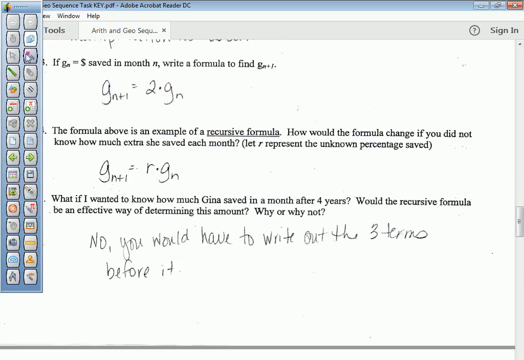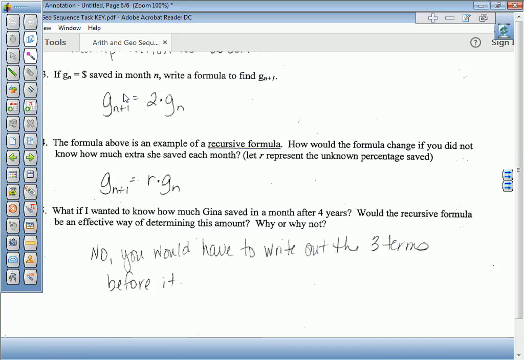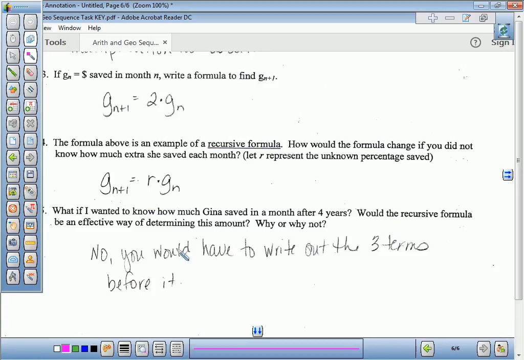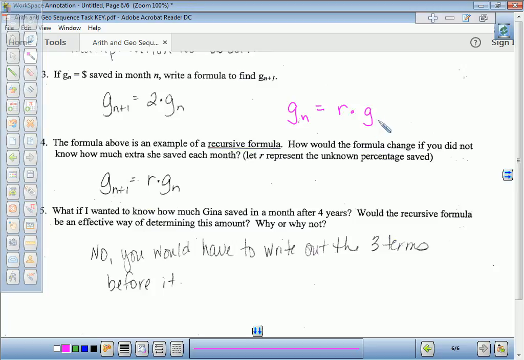So, what did we do to find the next term? We doubled the one before it. So this is how it looked when we studied the recursive formula. This time we have a common ratio. And the recursive formula has 2 parts.